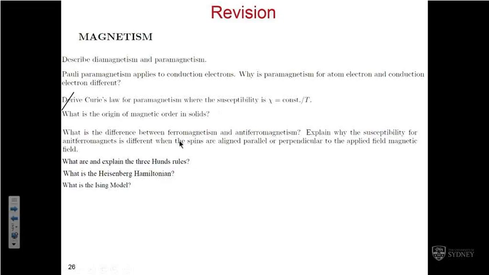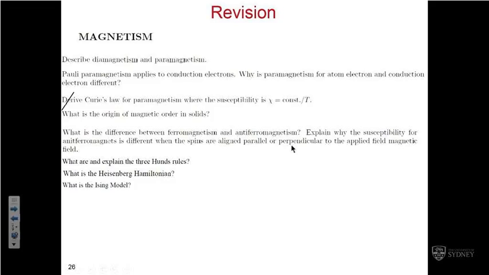The susceptibility is different when the spins are aligned, because there's an equation that relates the susceptibility to the derivative of magnetization with respect to, I forget. But the magnetization will be different if you've got spins up like that. For ferromagnetism, you'll get a substantial magnetization M. For antiferromagnetism, you get 0.